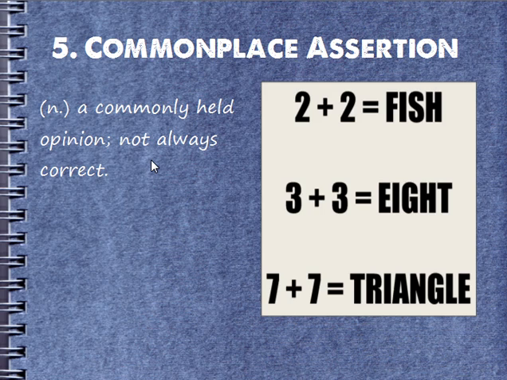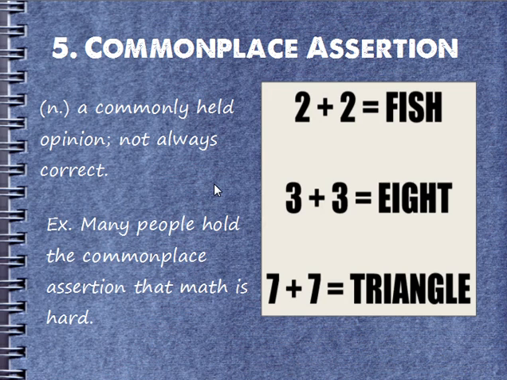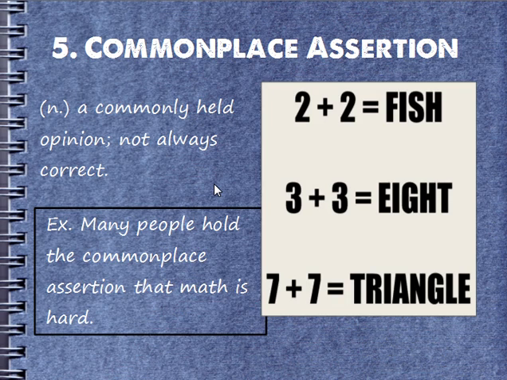A lot of people, before they go into math, or while they're in math, don't usually think, math is easy. A lot of people think the opposite. A lot of people think math is hard. So let's use this as our example sentence. Many people hold the commonplace assertion that math is hard. Pause the video to finish your definition and example and play when you're ready.